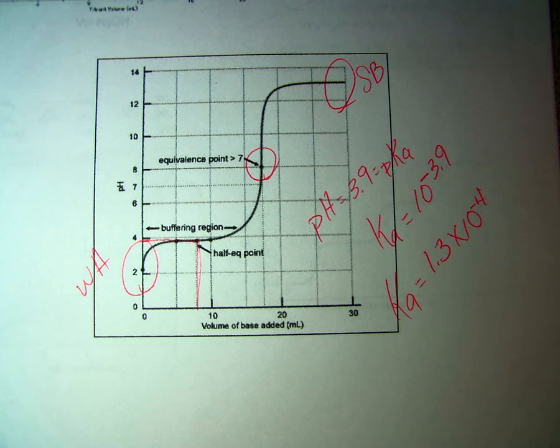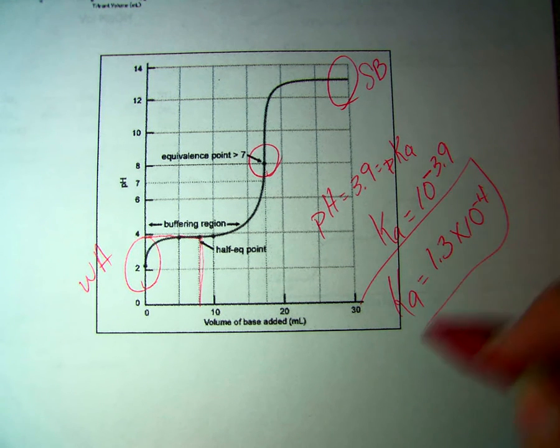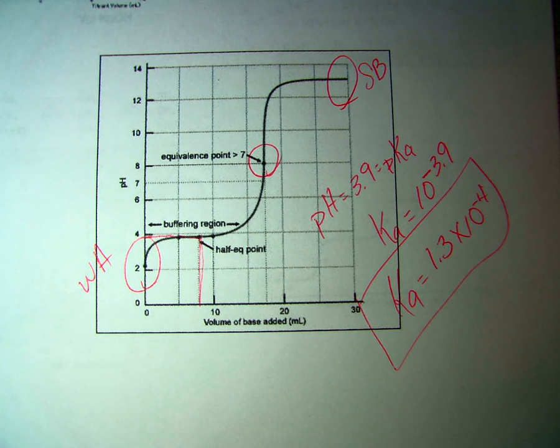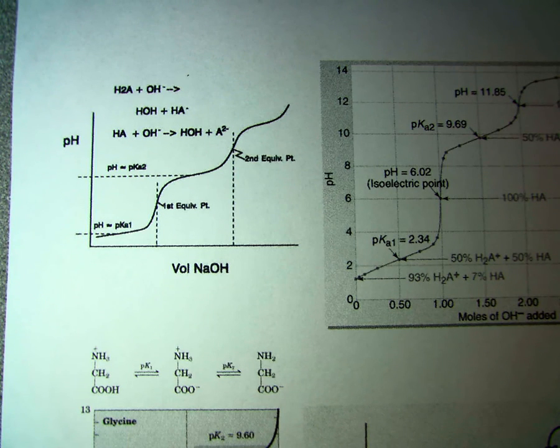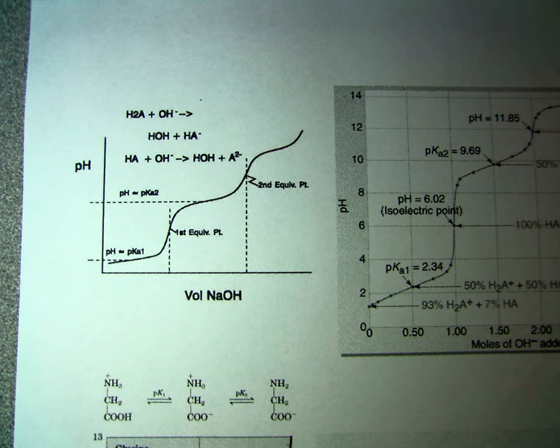Like 10 to the negative fourth would be one answer choice, and then another one would be 10 to the negative 6, 10 to the negative second, 10 to the negative 10. So the closest one. Because on the multiple choice, you don't have a calculator, so you're going to have to be able to do easy math.